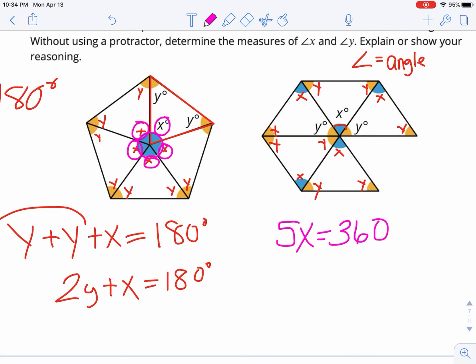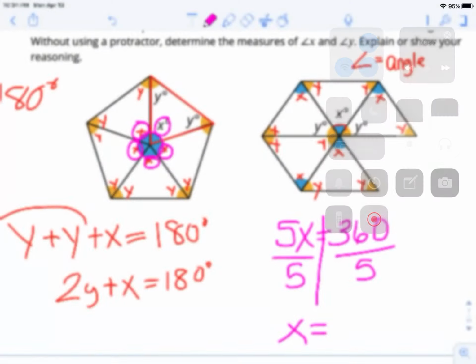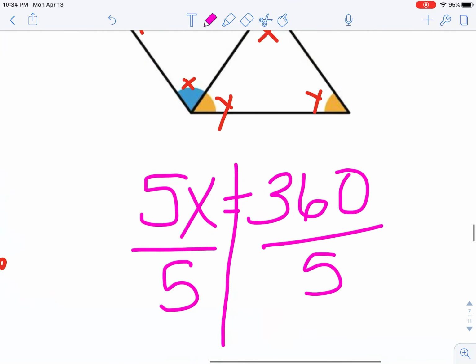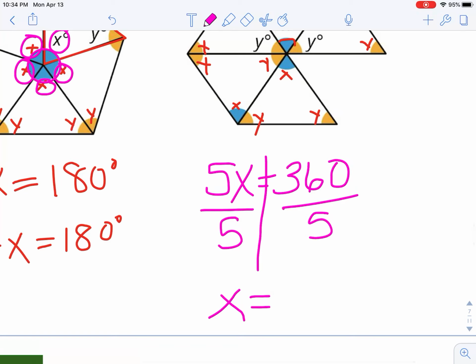Going back to our two-step and one-step equations, how could I figure out what X is? Divide by 5. I know we're going to get X equals... Let's open up our calculator. 360 divided by 5.